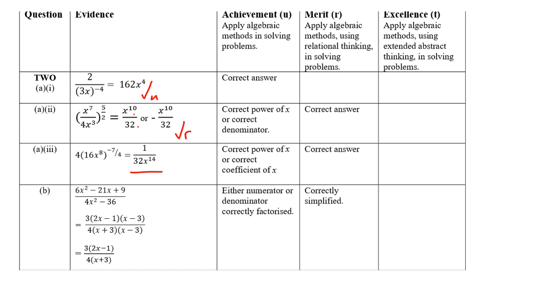This one here, again, correct power of x or correct coefficient. So if you get the x to the power of 14 or the 1 over 32, there's your achieved tick. You get both, you get your merit tick. So just one of each for the achieved tick. And the last one, if you can factorize any of those two properly, you would have got an achieved.